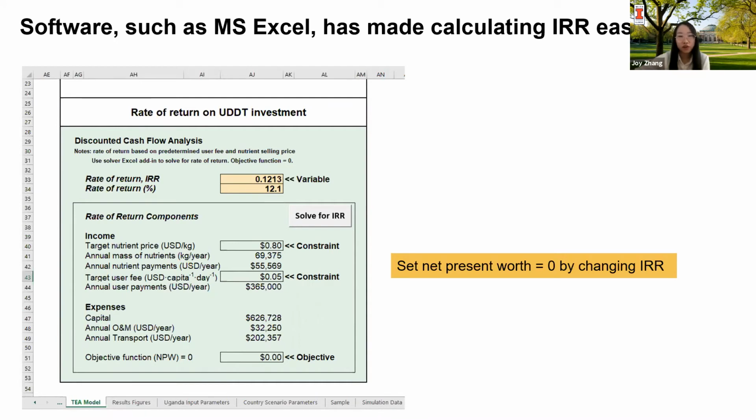Then, by using the solver, we set the net present worth equal to zero and reach this zero net worth by changing the IRR values, and we will be able to see the IRR.